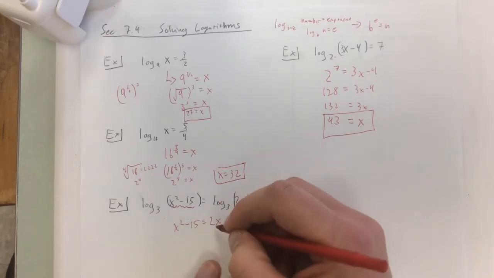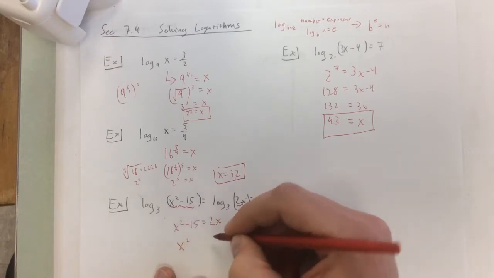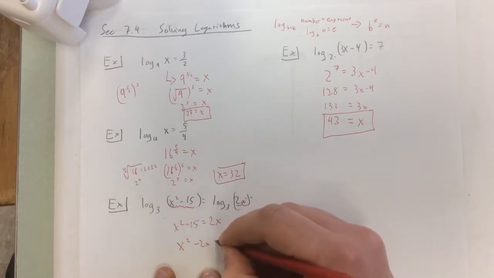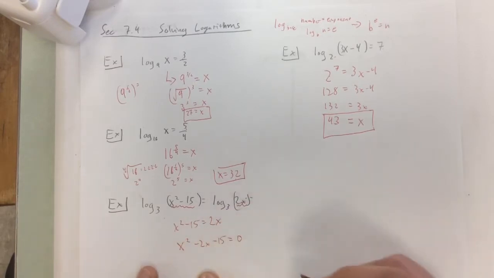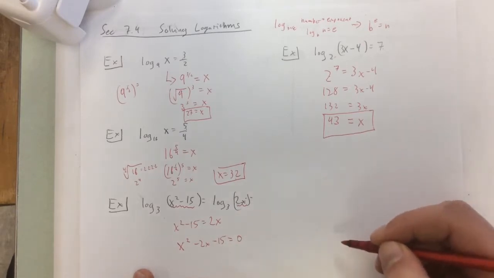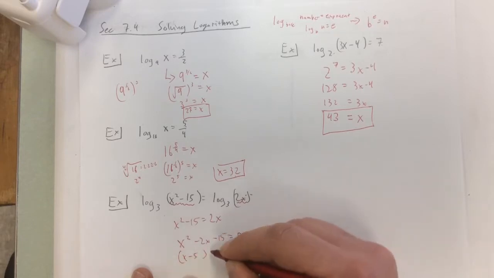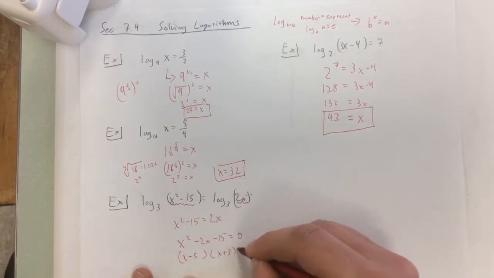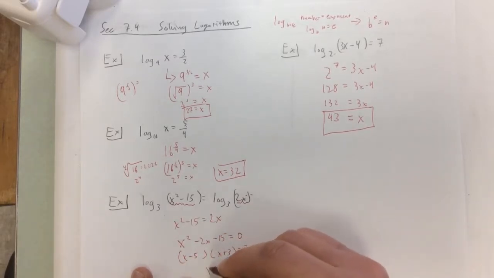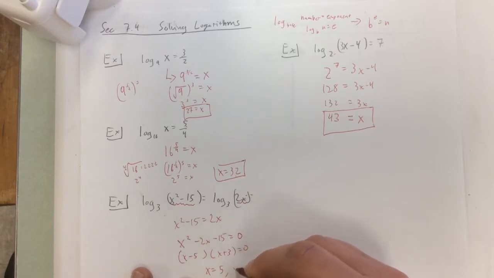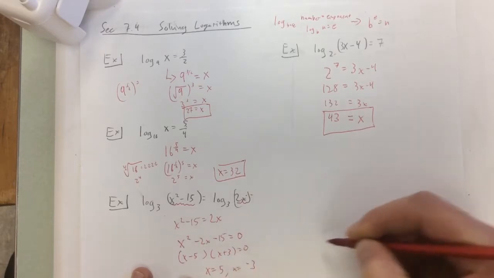So now it's just x squared minus 2x minus 15 is equal to 0. That's a nice easy quadratic for me to solve. I'm going to factor this. x minus 5 and x plus 3 is equal to 0. So x is going to equal 5 and x is going to equal negative 3.